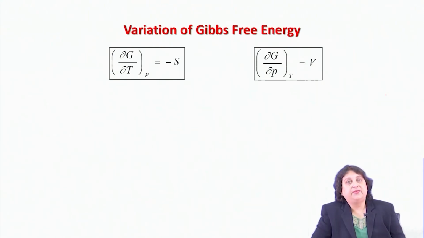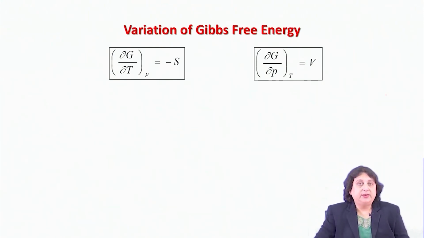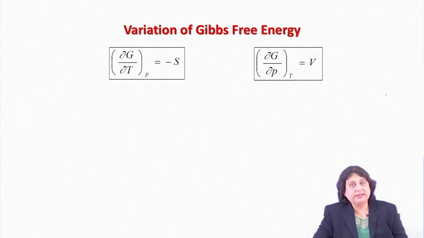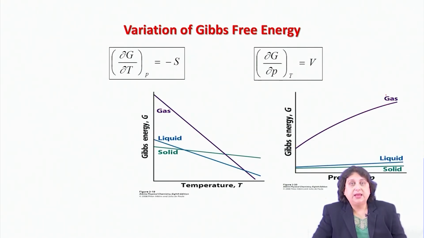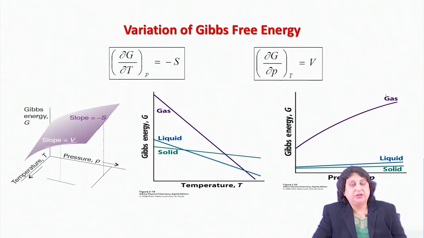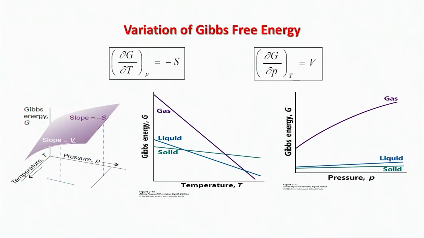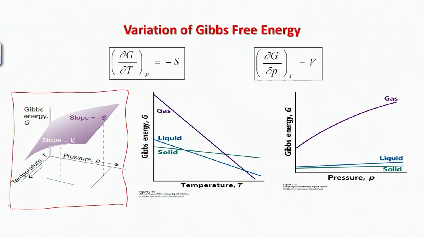Now that we understand the variation of Gibbs free energy under different conditions in terms of S and V, I say that, well, depending on this, I can either look at the temperature dependence or pressure dependence, or I can have the variation of Gibbs free energy simultaneously plotted as a 3-dimensional surface when I'm plotting the variation in temperature and variation in pressure simultaneously. So what kind of surface will you expect here?